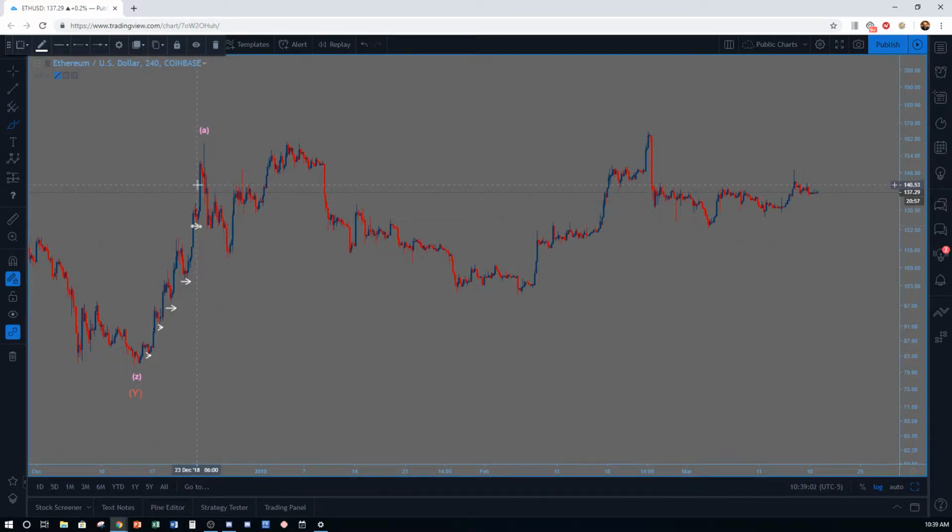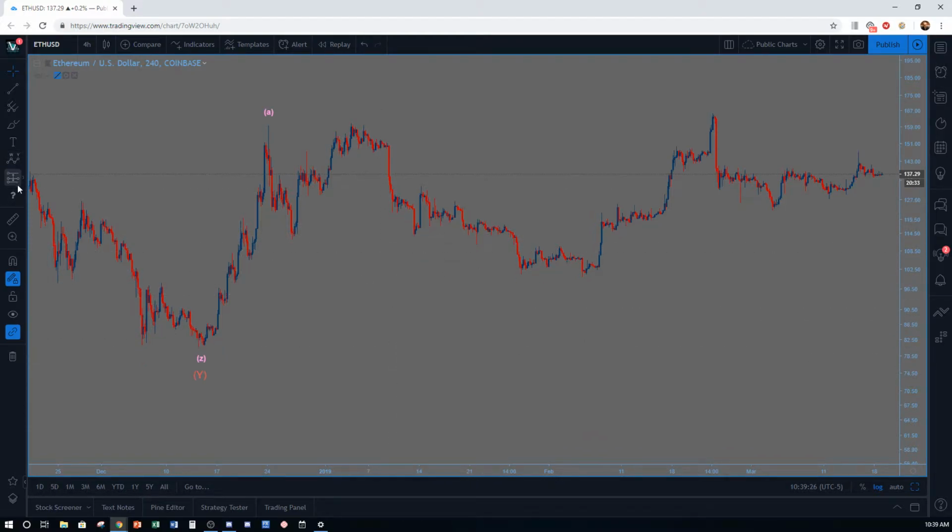Could even call this a higher low, but I wouldn't consider the market structure broken until here. I wouldn't consider this a break just because this could still be part of a subwave. But here, we got clear market structure breaks. This is the start of our corrective move.